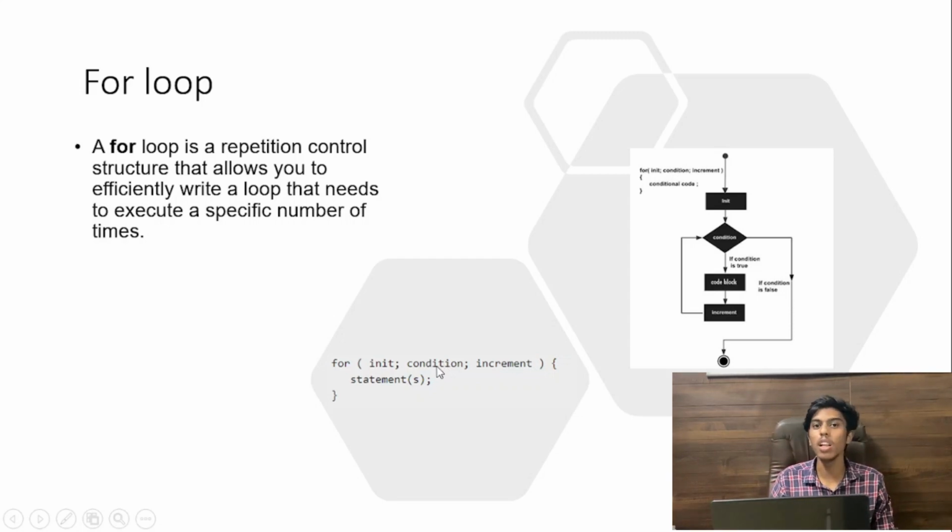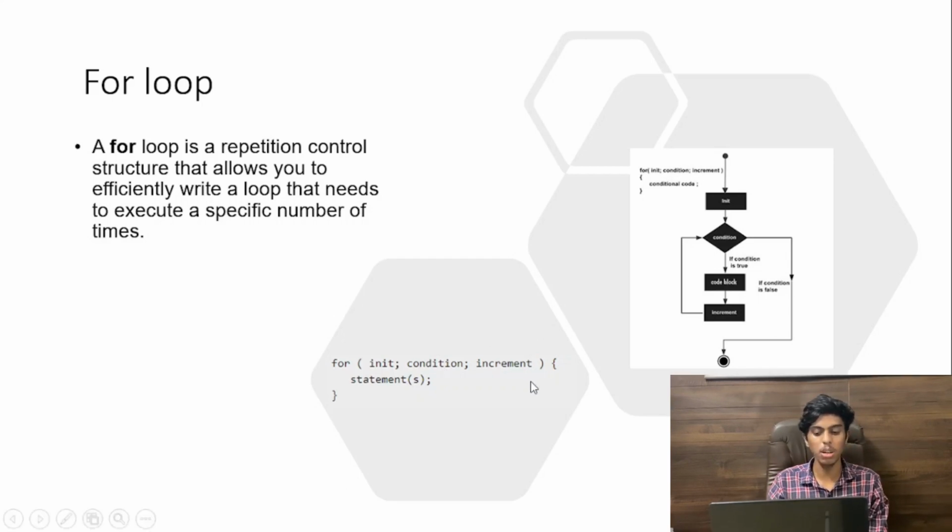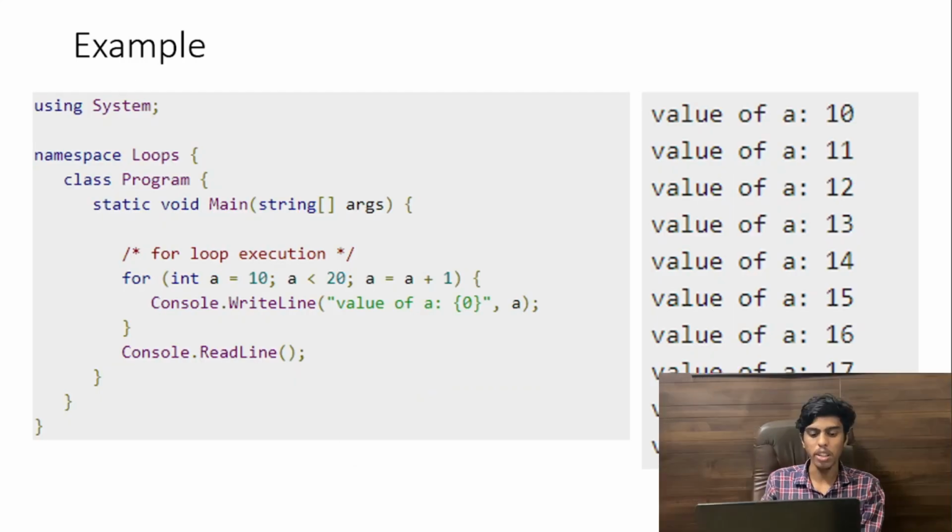For example, we can iterate a number of times, like if we give i less than 10, then it will iterate till 10. Then the third part is update. In update, mostly you increment the variables. This is the example.